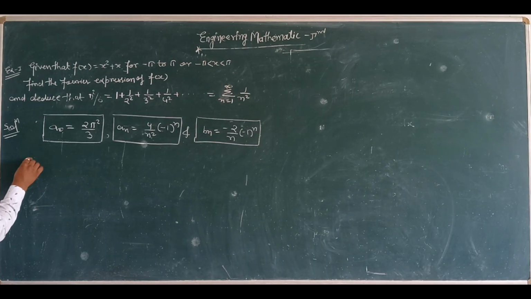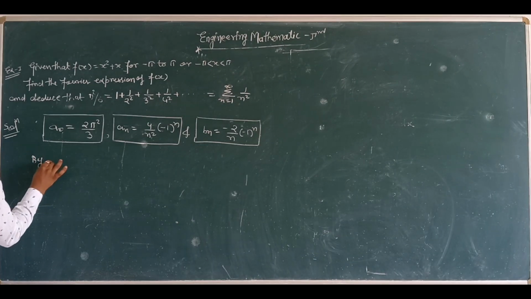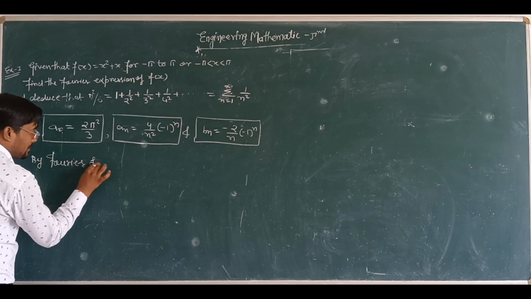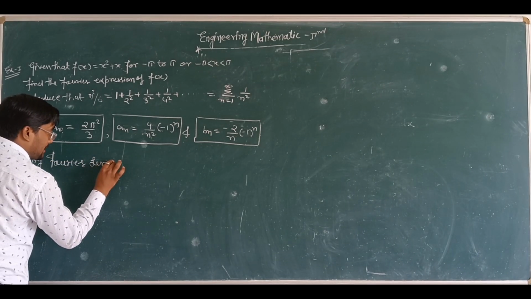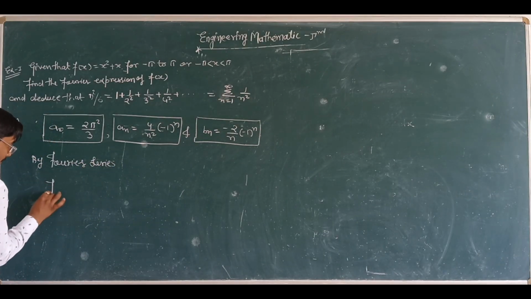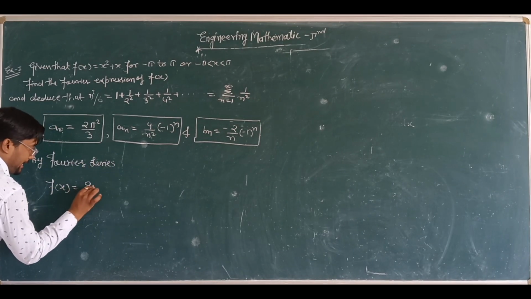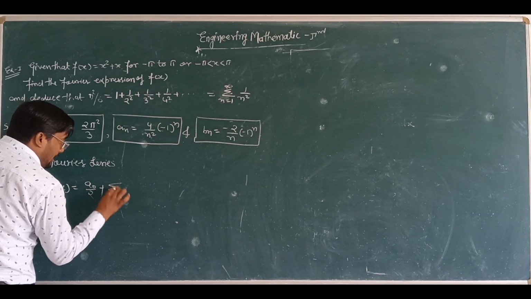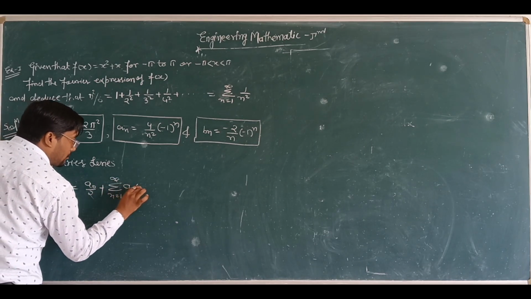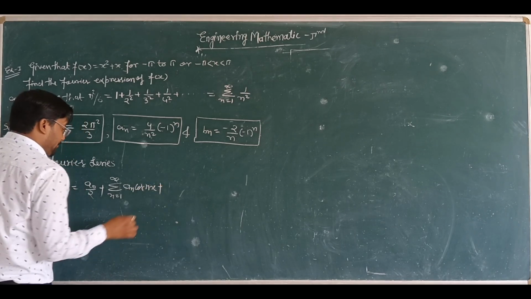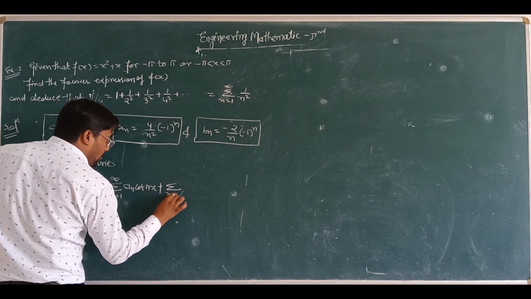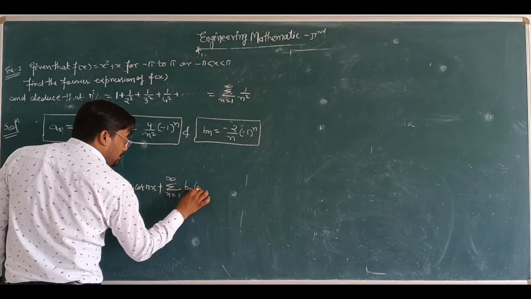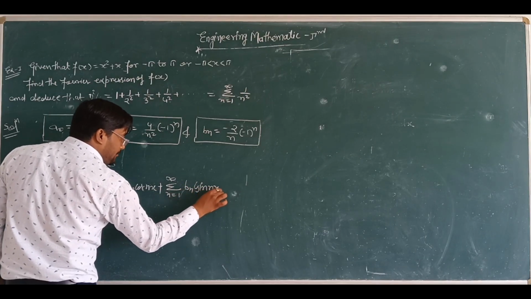Step: the Fourier series. f(x) is equal to A0 by 2 plus summation n equal to 1 to infinite an cos nx plus summation n equal to 1 to infinite bn sin nx.